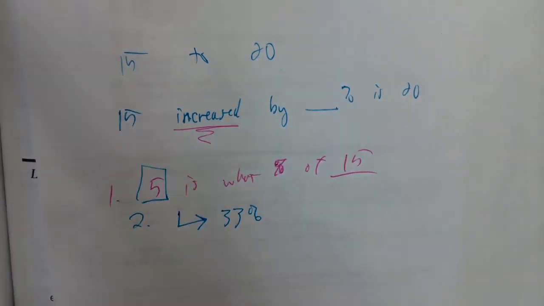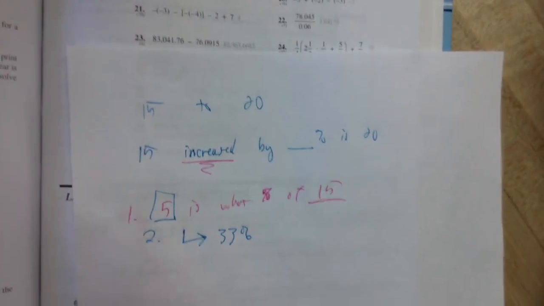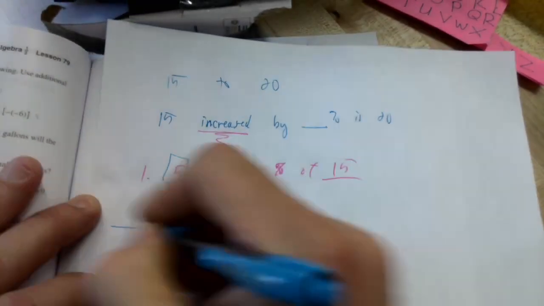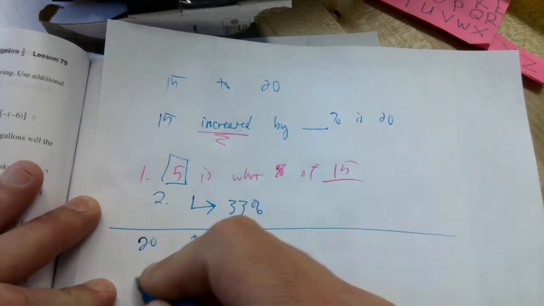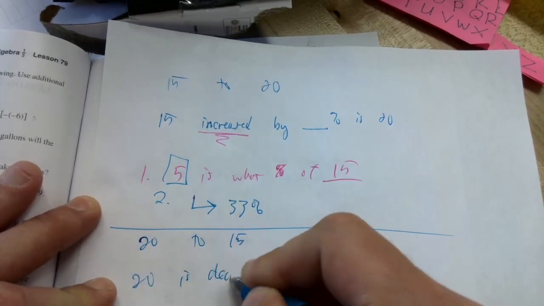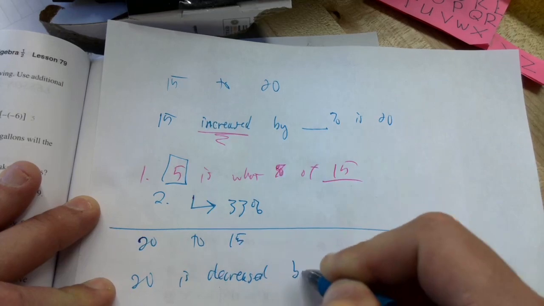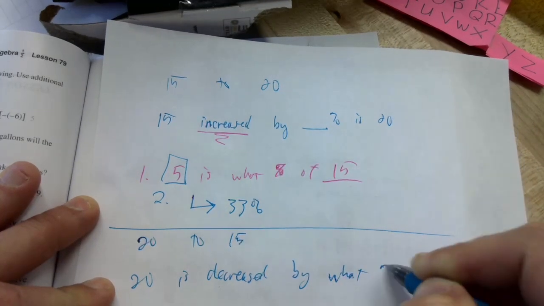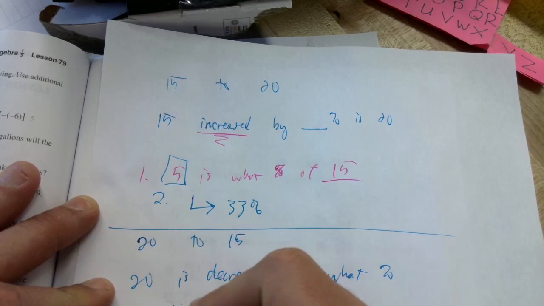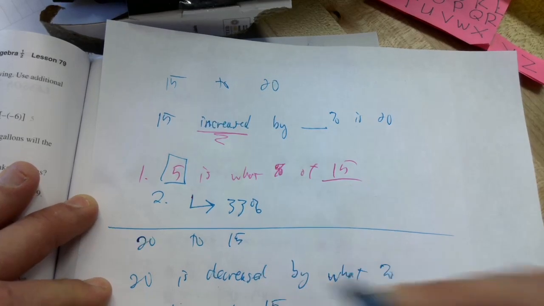Now, let me ask you something. What if I reverse the order of that? This is my clarifying question. 20 is decreased by what percent to get 15?